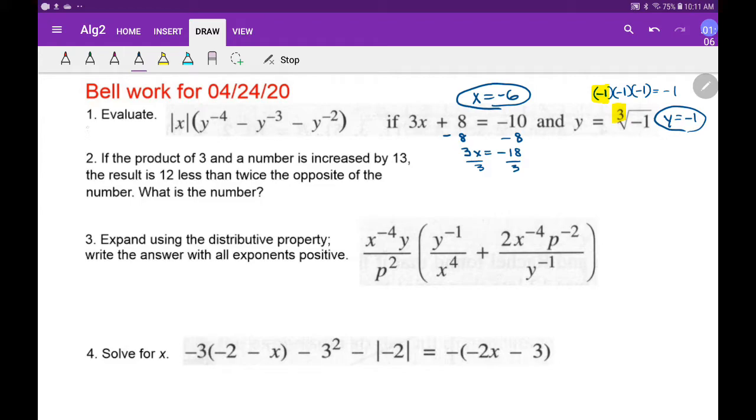We're going to say the absolute value of negative 6 then, for that, times, this is a negative 4, so I had to say 1 over negative 1 to the positive 4, you understand?